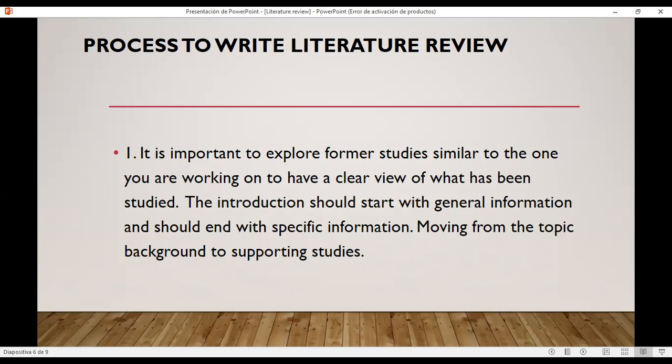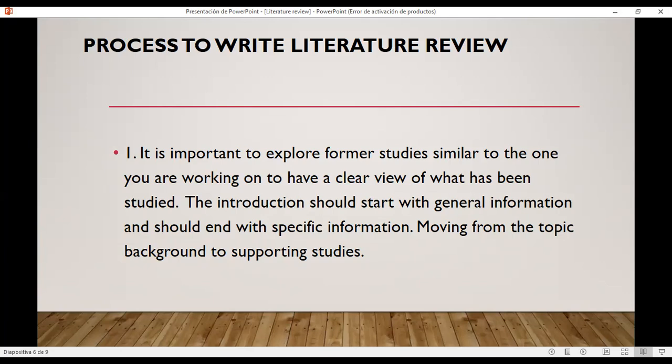Let's see, what is important is to focus on former studies similar to the one, no, that we want to develop, with the same issue, with the same phenomenon. Of course, the context and the participants are going to be different. But the ideal is that we find similar context, no?